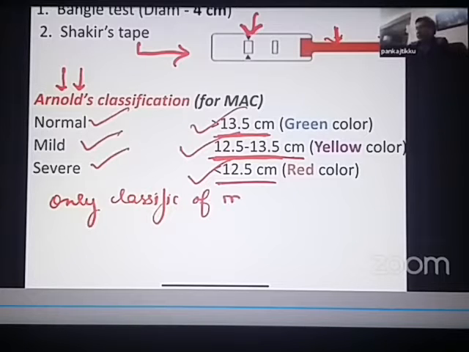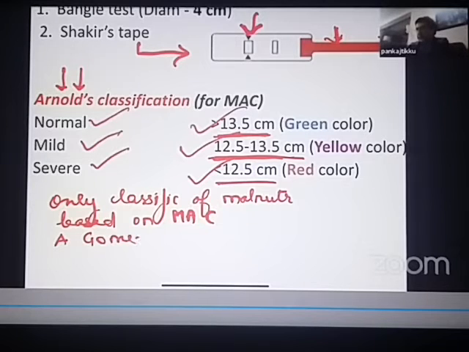Only classification of malnutrition which is based on mid-arm circumference. A, is it Gomez classification? B, is it WHO classification?